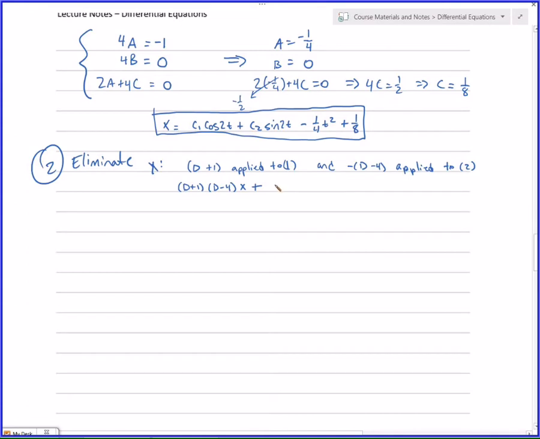plus, right, plus, we now have a d plus 1 applied to d squared y equals, and I'm going to go ahead and write it, but in a minute I'm going to have to evaluate this. d plus 1 applied to t squared.